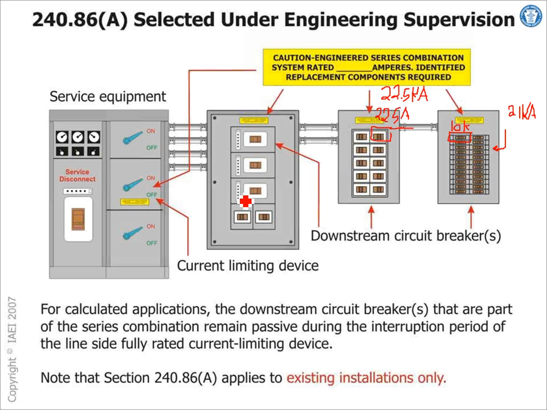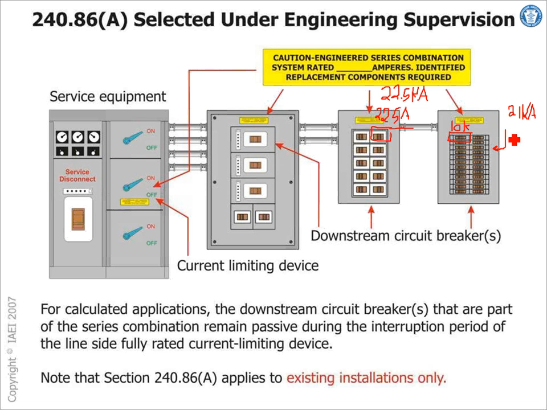Series rated equipment, guys. If you have series rated equipment, this means in the field or the manufacturers have rated certain equipment and certain circuit breakers to work together. So I have an example here.